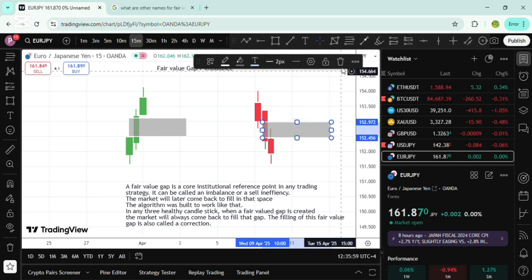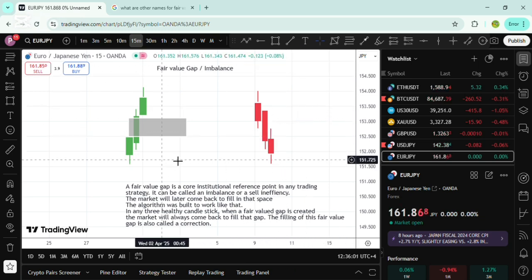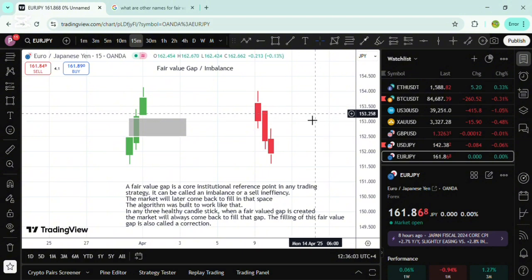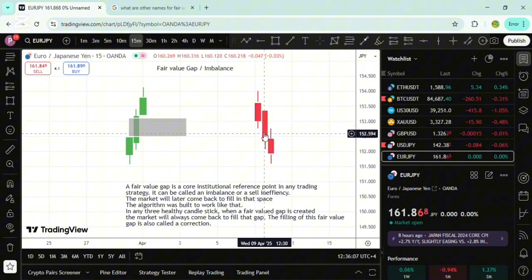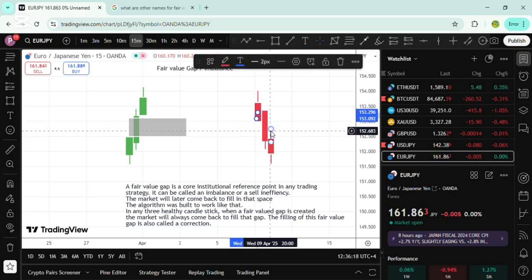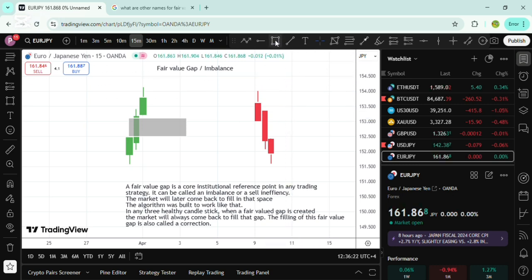You can see clearly that the first and last wicks have a connection, because the candle is not complete without the wick. As you identify the body of the candle, you identify the wick of the candle too. But whenever there's no connection between the wicks like this, then that's the fair value gap.